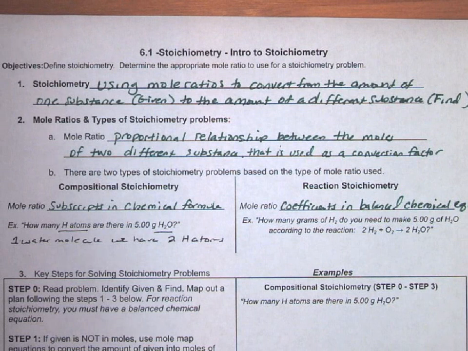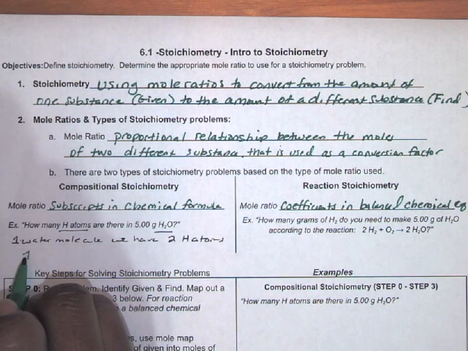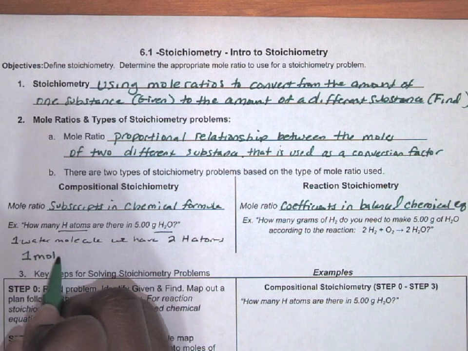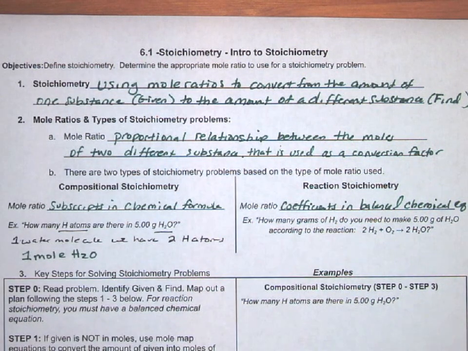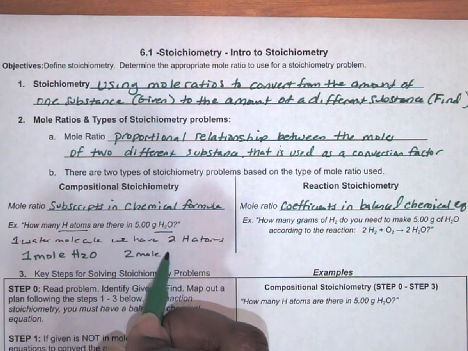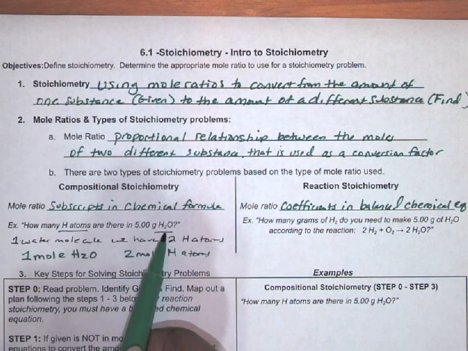To express that as a mole ratio, instead of saying 1 water molecule, we're going to scale everything up to a mole. So what if we had 1 mole of water molecules? So 1 mole of H2O. How many hydrogen atoms would we have then? Well, we would have 2 moles of hydrogen atoms because of that 2-to-1 ratio.